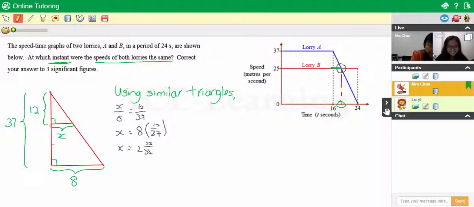So x is equal to 22 over 37. Okay, great. Are we done yet? No, because we only found this duration. We are still not done. We need to find this part here. Now, how to find that instant of time? Add 16 seconds to it. Good.